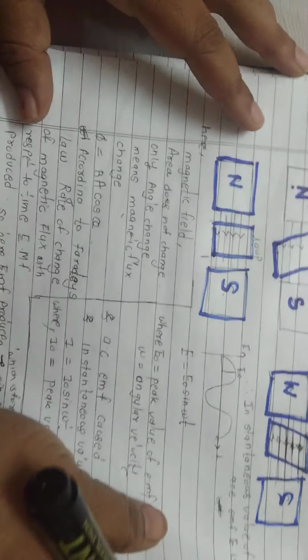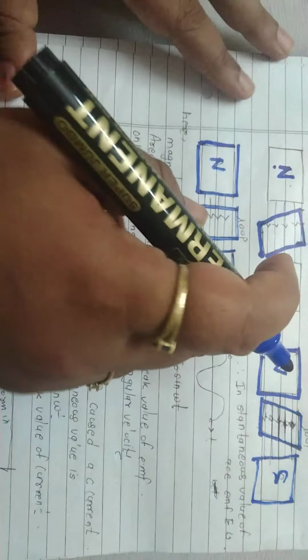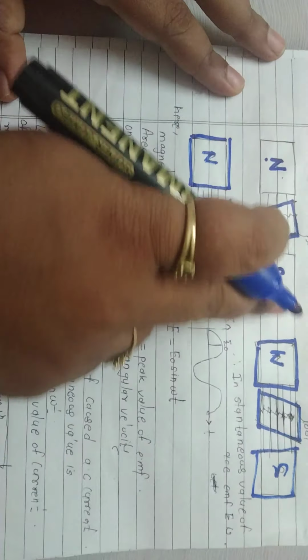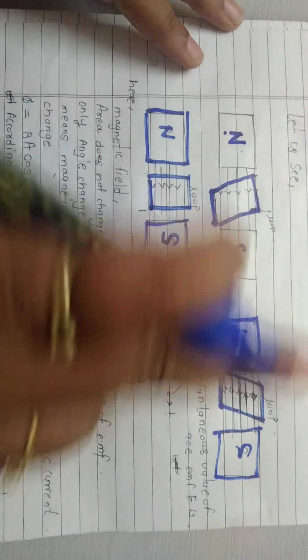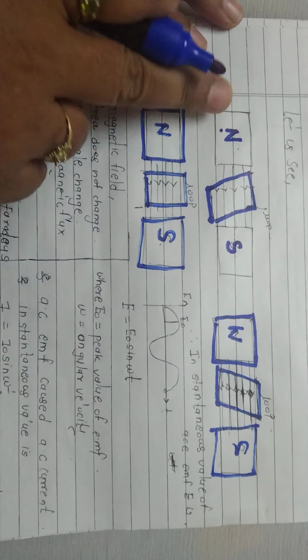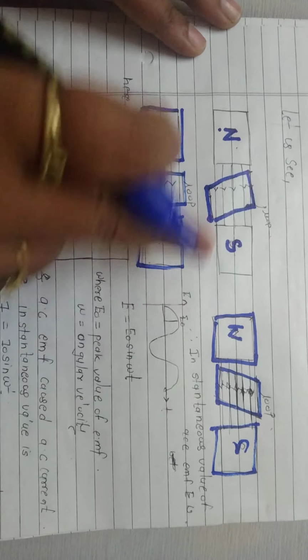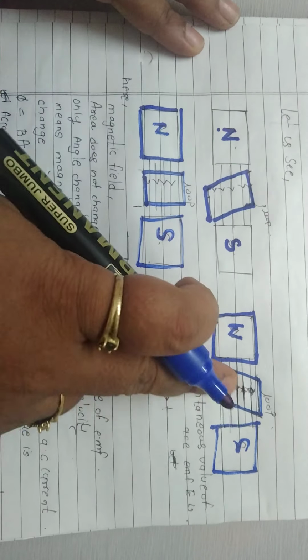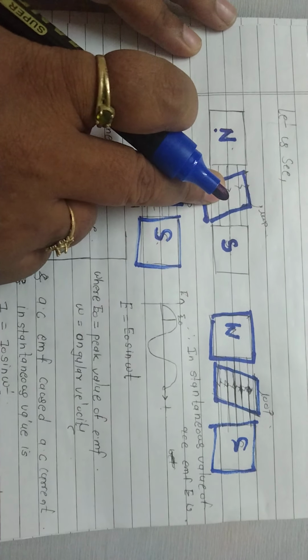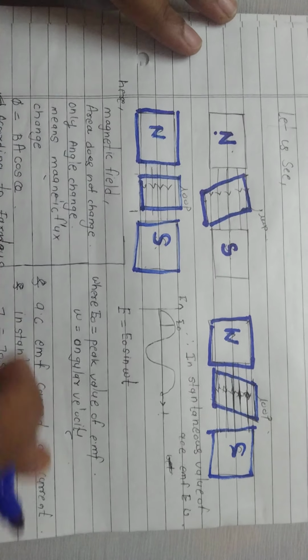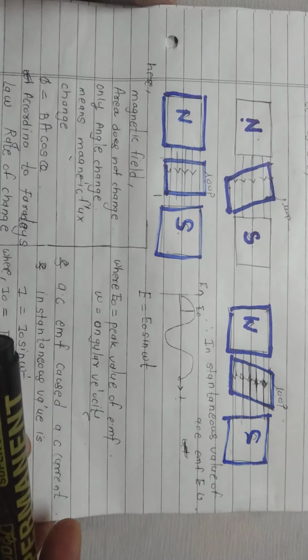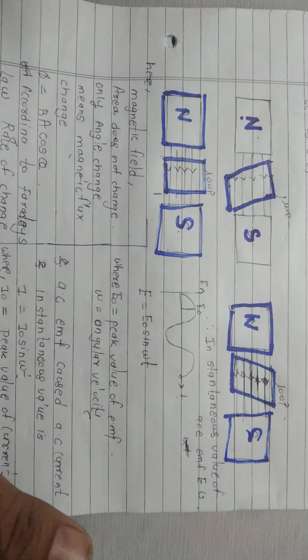This means the magnetic field in all three diagrams is the same, B does not change, and the area does not change, but the loop is rotated, so the angle changes.